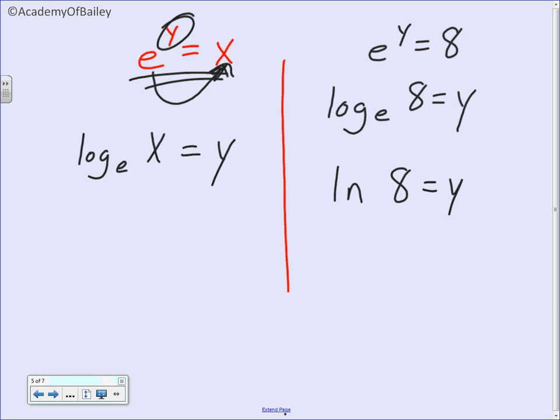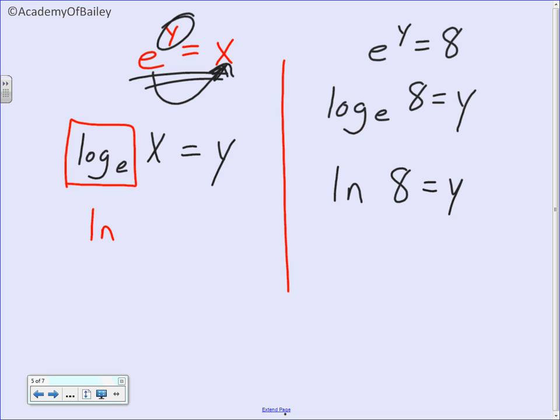Well, when it's written out as log, that's a common logarithm. And so you can work with those. You've already worked with those a little bit. But the thing is, if we have log with a base of e, we can change this to ln, which is natural log.